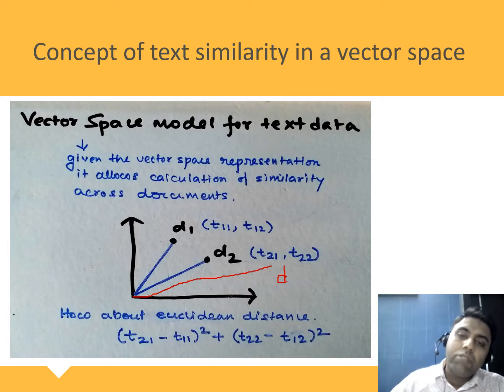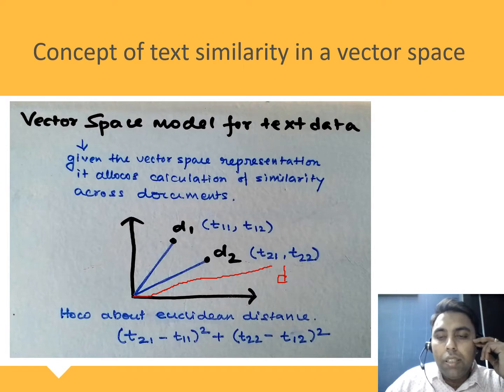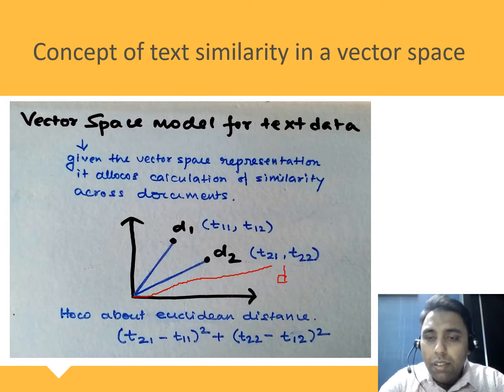So that is one reason why Euclidean distance, even though it satisfies the mathematical expectations as far as a distance measure is concerned, is a problem, because text is slightly different; it has a meaning associated with it.